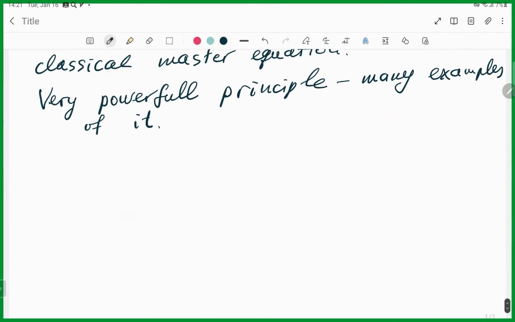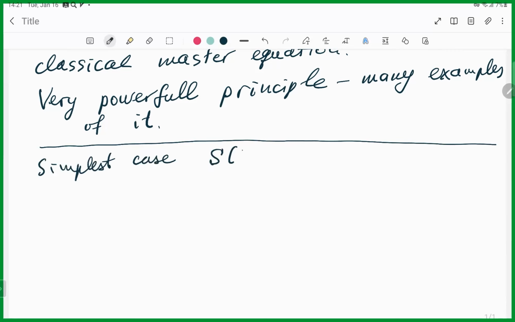But let us start with understanding what could be a solution to the classical master equation. Let us consider the simplest case, S of phi star that is just a function of phi. It is clearly a solution.